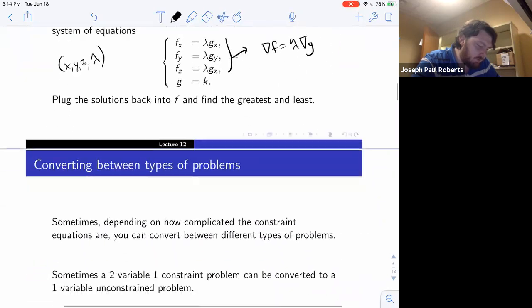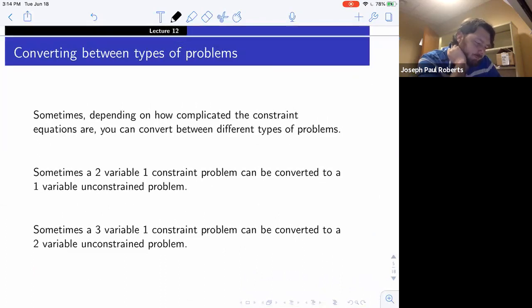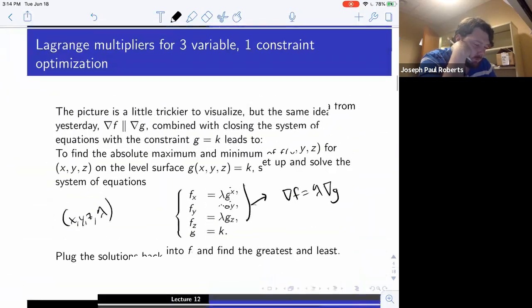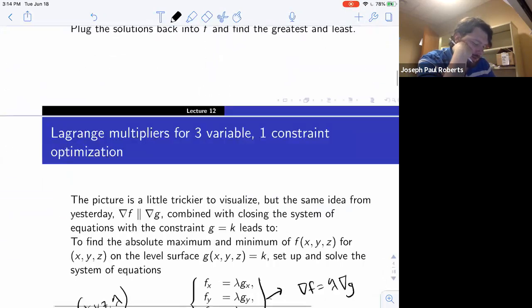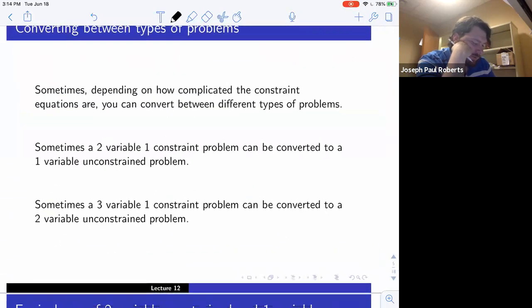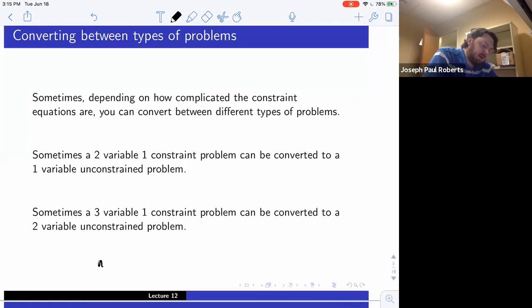Okay, so we'll do an example of that in a moment, but what I wanted to start showing you is that sometimes you can convert between different types of problems. We started yesterday talking about constrained versus unconstrained, and it turns out that if the algebra is convenient, you can take an n variable, 1 constraint problem to an n minus 1 variable unconstrained problem.